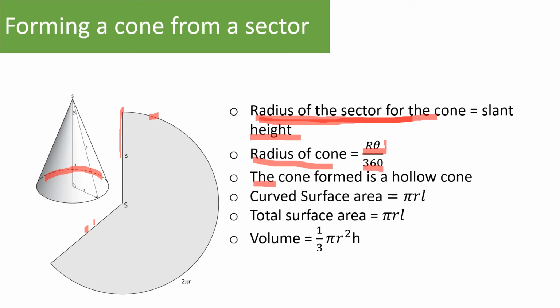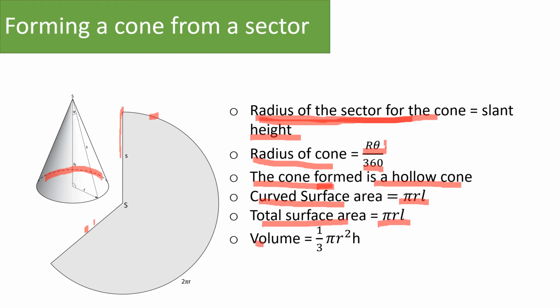Then the cone formed is a hollow cone, and the curved surface area is the same thing, pi RL. Total surface area is the same as curved surface area, pi RL, because it's hollow. The base is not there.